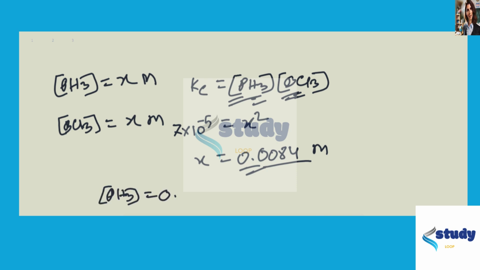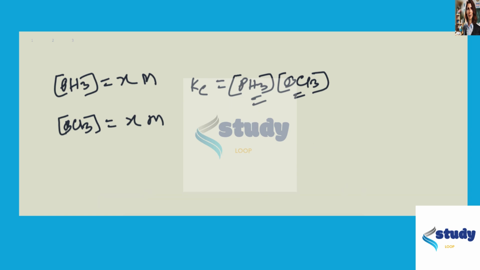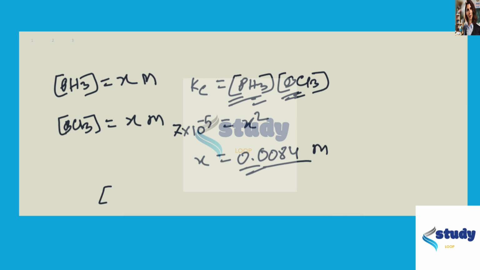That means we have to find the concentration of BCl3 for the added amount, and that will be added to this initial concentration of BCl3.